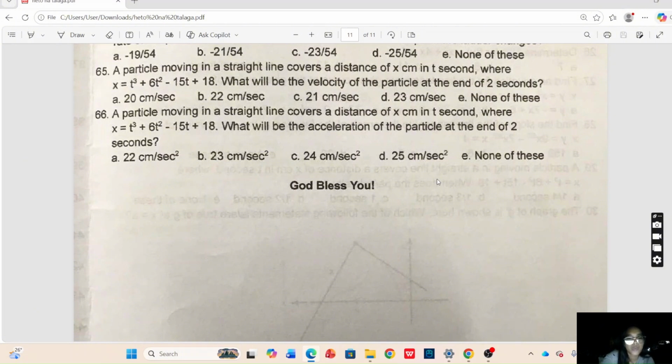And down to the last one, for the 66th and final question, we are asked to determine the acceleration of a moving particle at a given time. Acceleration is the second derivative of position, or the derivative of velocity. So we first differentiate the position function to obtain velocity, then differentiate again to obtain acceleration, and substituting the specified time gives the final answer.